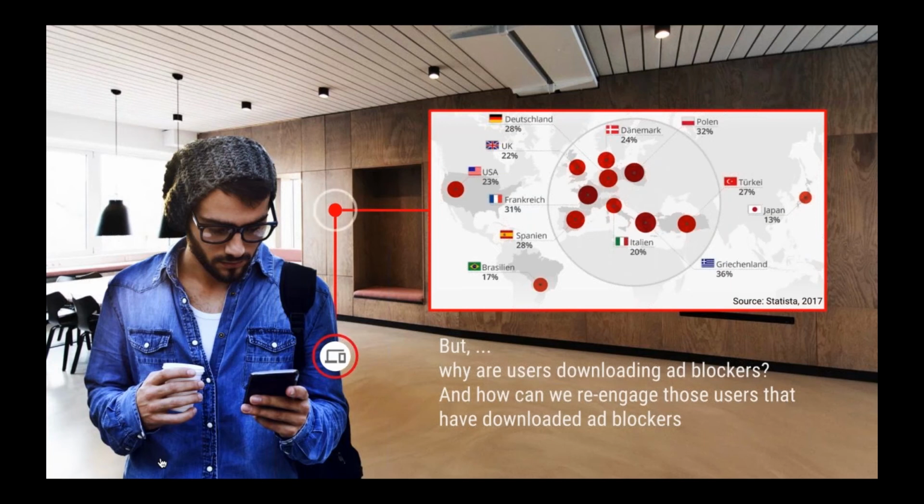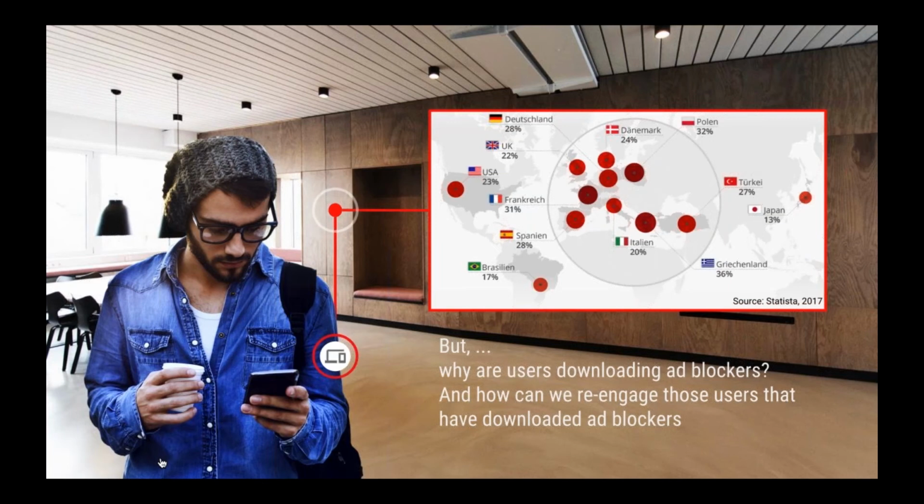The next slide. So the first thing we wanted to do was really understand what was driving consumer behavior. We weren't the only ones who were curious. It turned out there was a whole bunch of companies out there that really wanted to understand what was driving consumers to install ad blockers.